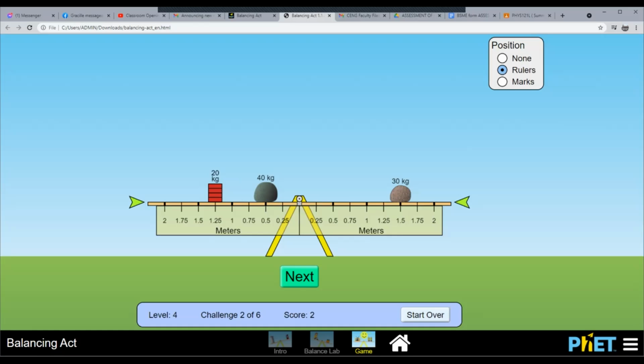Dalawa na kasi yung load dito, isang 20 tsaka 40 kilograms. So, ibig sabihin, once we add this up, this is 60 kilogram. Okay? While this one is 30 kilogram. So, it would really have an effect. The distance would have an effect.